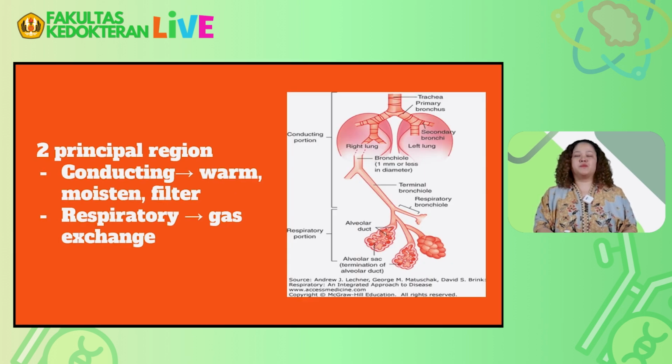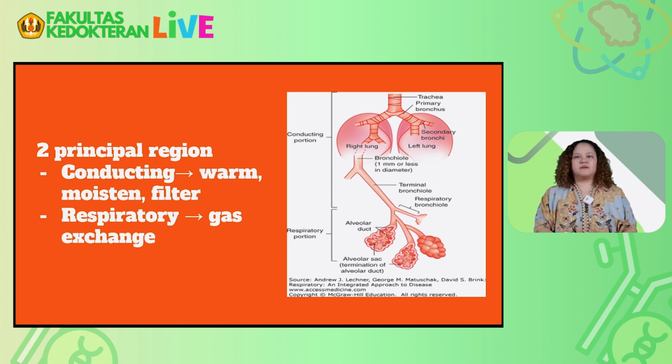There are two principal regions of the respiratory system. The first region is the conducting portion, and the second region is the respiratory portion. The conducting portion mainly functions as warming, moistening, and filtering the air, while the respiratory portion functions as gas exchange.